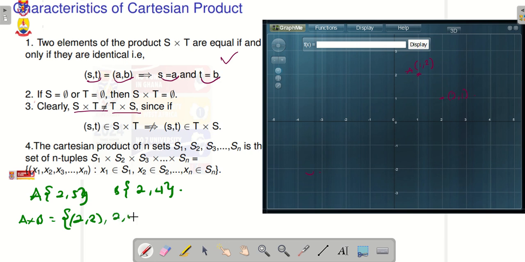You will have (2, 4) as another product. You will have (5, 2) as another product, and we will have (5, 4) as another product. Now let me pick values.